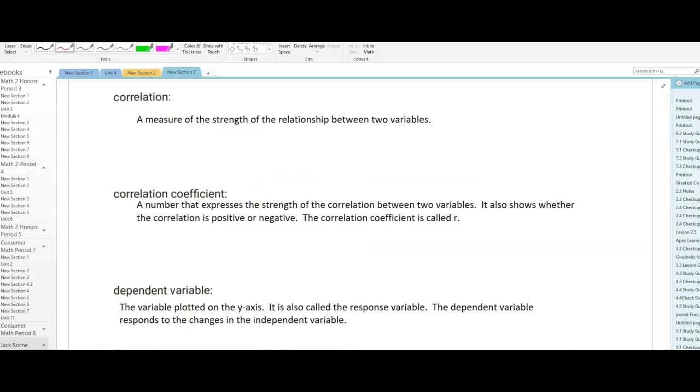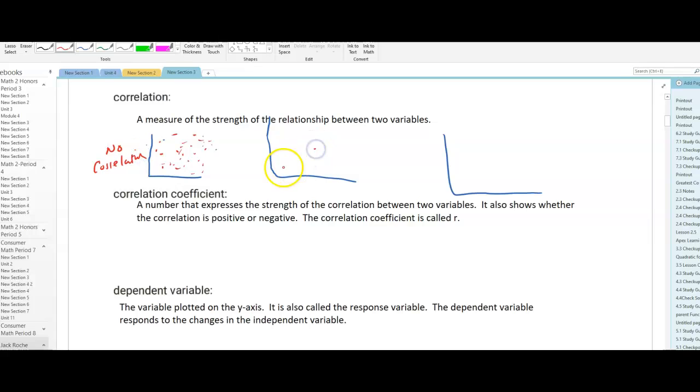So let's take a look at some of the vocabulary that they've introduced here. First is correlation, right? Which is the measure of the strength of the relationship between two variables. So what happens here is if I create 3 sets of coordinate planes, if I plot ordered pairs in here, if I have a bunch of ordered pairs or points and they're all over the place, this has no correlation.